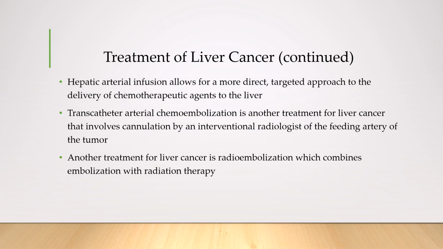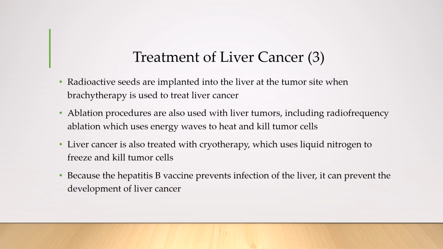Another treatment for liver cancer is radioembolization, which combines embolization with radiation therapy. Radioactive seeds are implanted into the liver at the tumor site when brachytherapy is used to treat liver cancer.